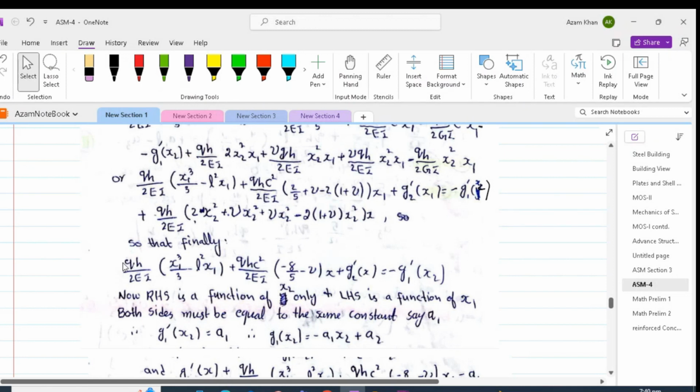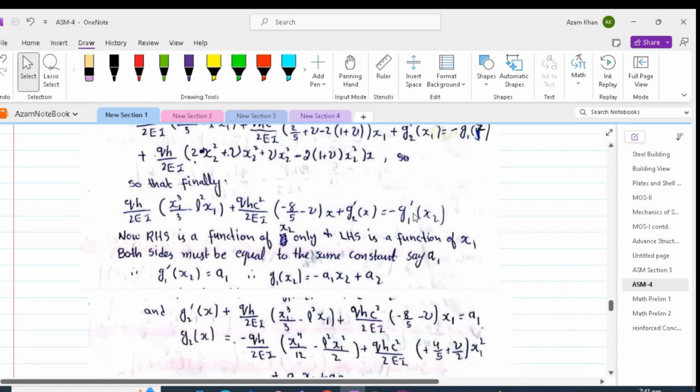So we will get (qh/2EI)[x1³/3 − L²x1] + (qhc²/2EI)[−8/5 νx] + g2′(x) equal to −g1′(x2).